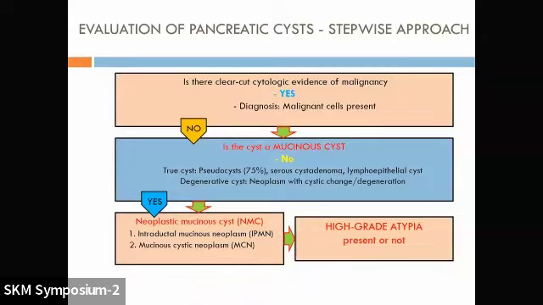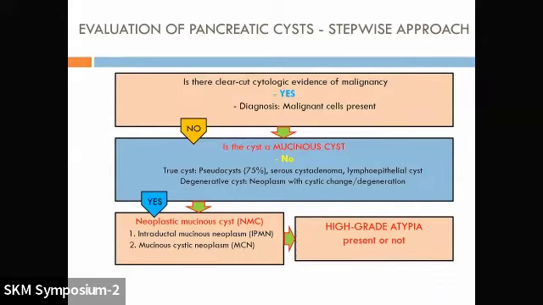If you do not see any features that indicate a mucinous cyst, then it can possibly be a pseudocyst, which is the most commonly seen cyst, or a serous cyst adenoma, or a lymphoepithelial cyst. And also it could be any neoplastic cyst or a neoplasm that has undergone cystic degeneration.